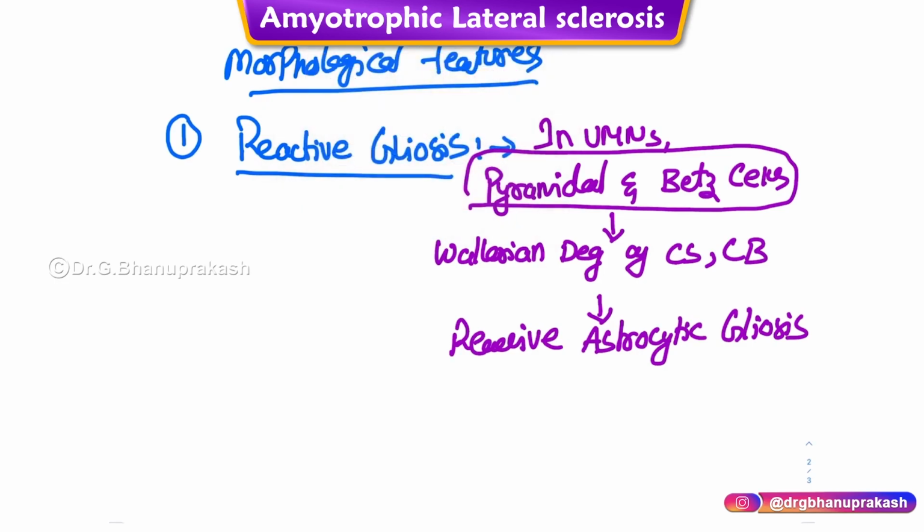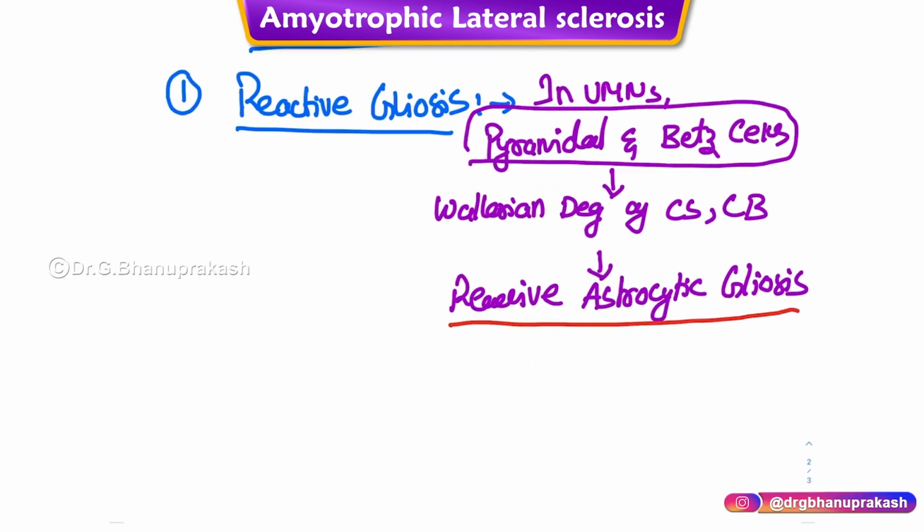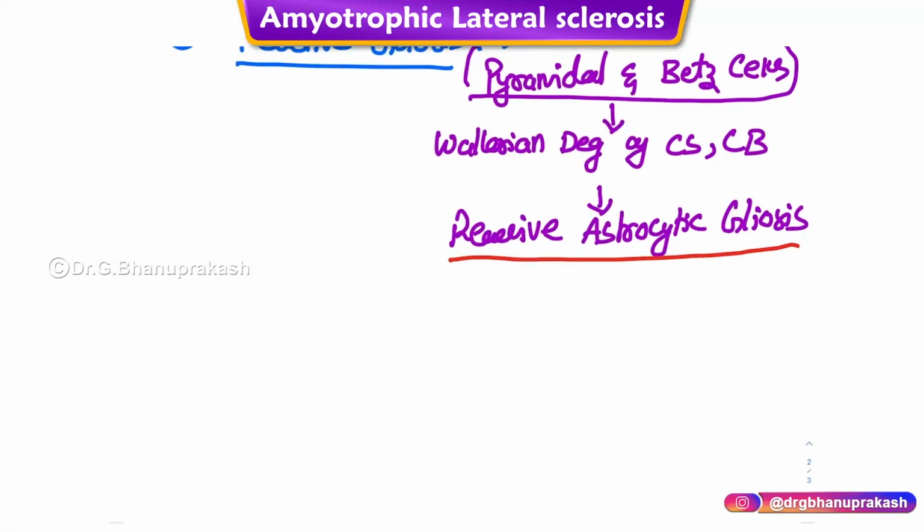Now, tell me, what is the meaning of this reactive astrocytic gliosis? It is the process by which the glial cells in the nervous system, especially the astrocytes, proliferate in the areas of the neuronal loss. So wherever the neuronal loss is, in that particular area, astrocytes proliferate, right?